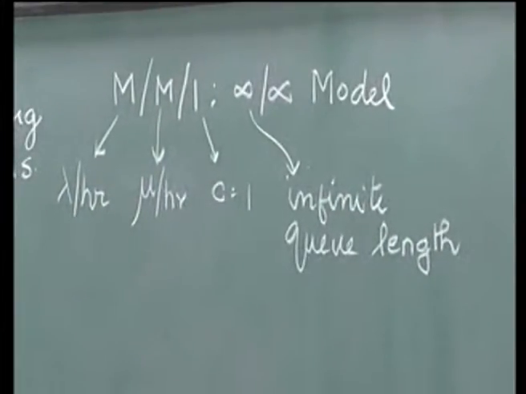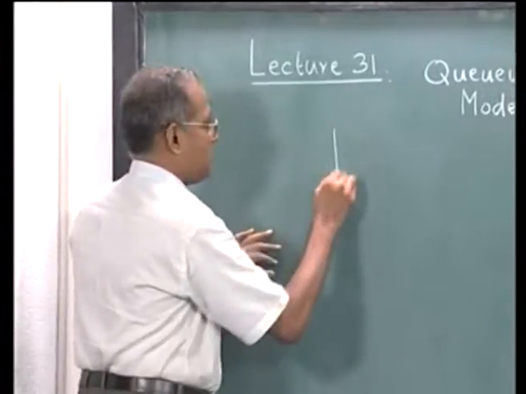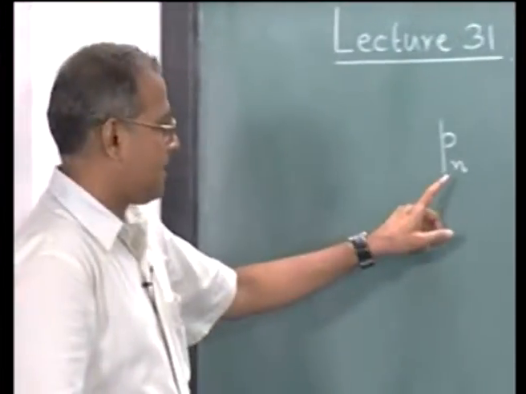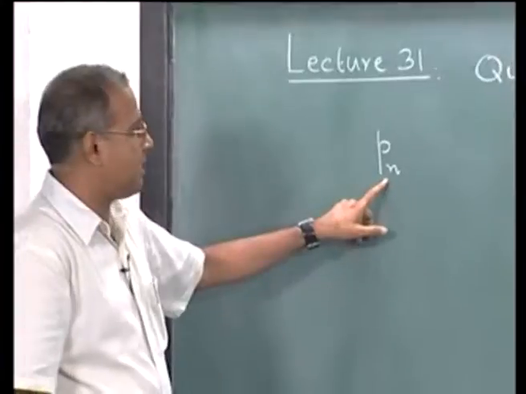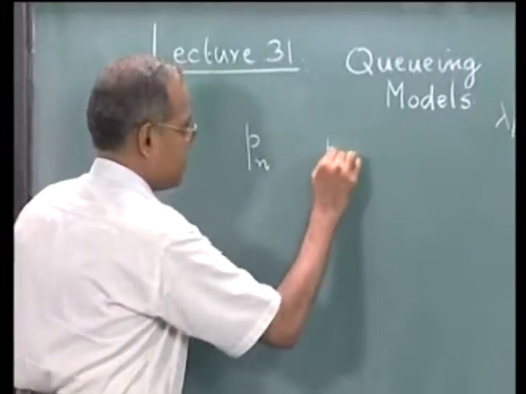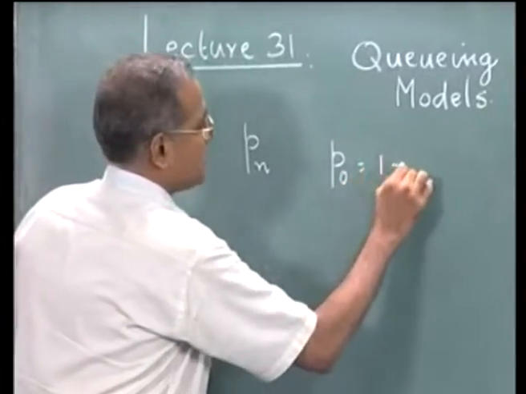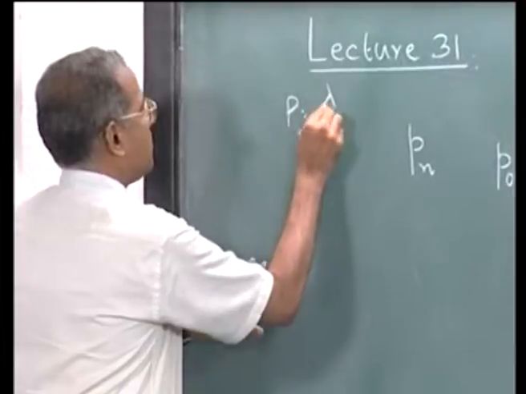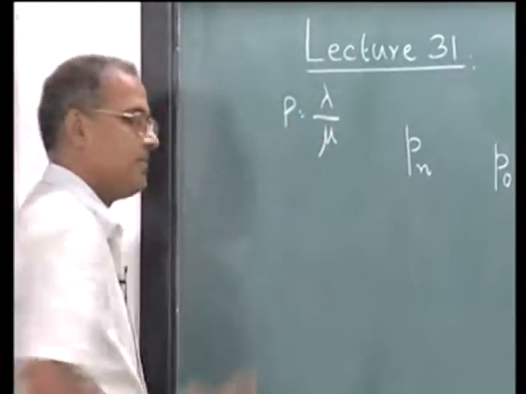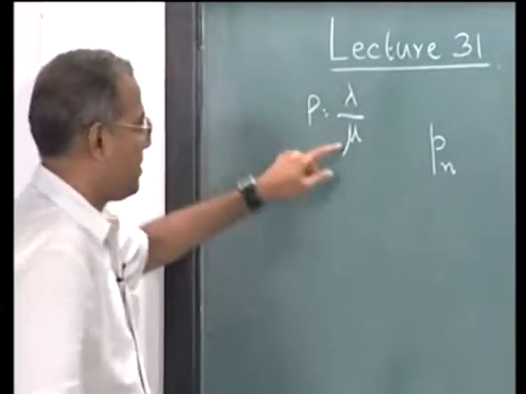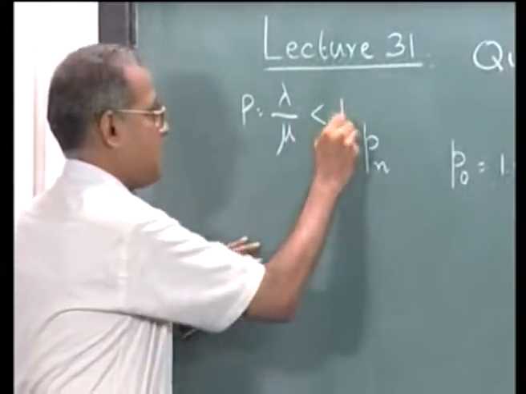We also use the notation where Pn is the probability that at steady state there are n people in the system, and we derived P naught is equal to 1 minus rho, where rho is equal to lambda by mu. We also indicated that lambda by mu should be less than 1.